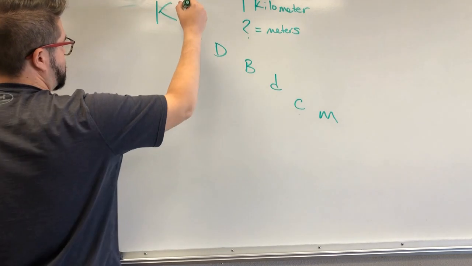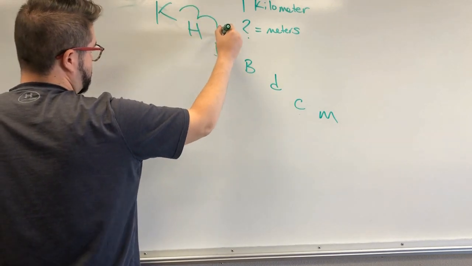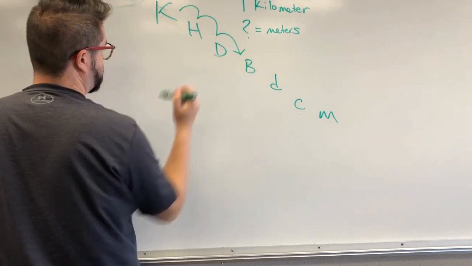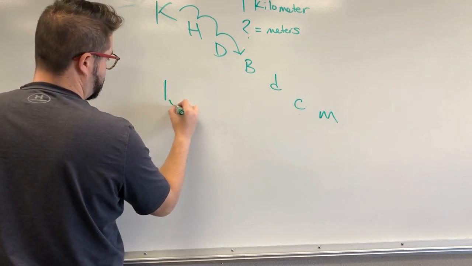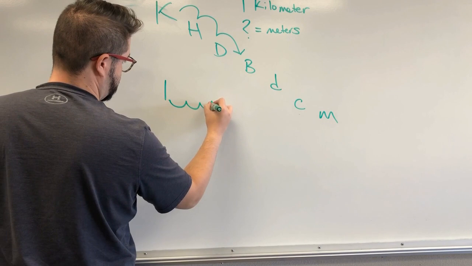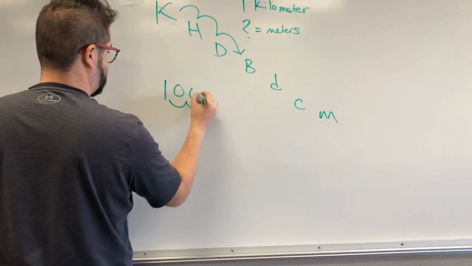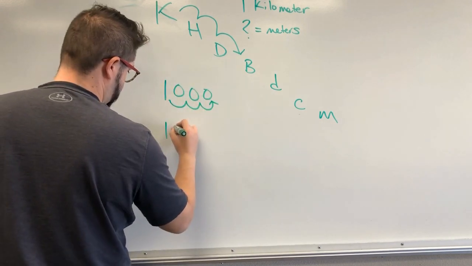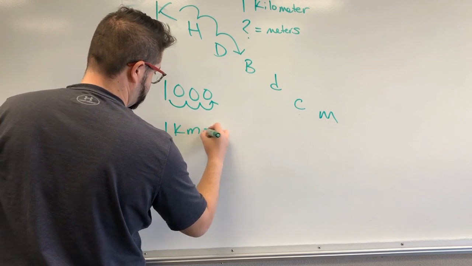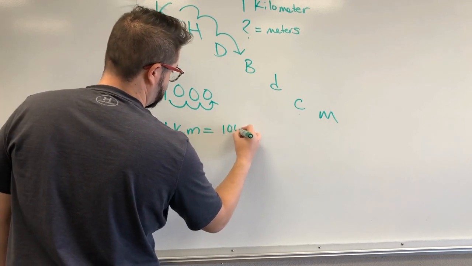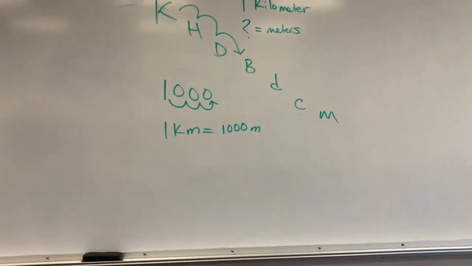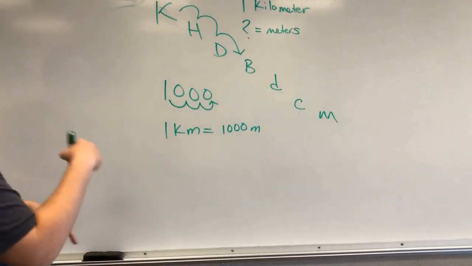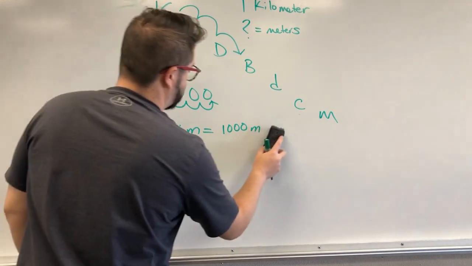Kilometer is my first prefix, and I move down 1, 2, 3 spots down to base because meter is a base. I moved down to the right, and so my decimal point goes 3 spots to the right. After a whole number like 1, 5, 7, there's always a decimal point. So moving that decimal point 3 spaces to the right basically means adding 3 zeros. So 1 kilometer equals 1,000 meters.